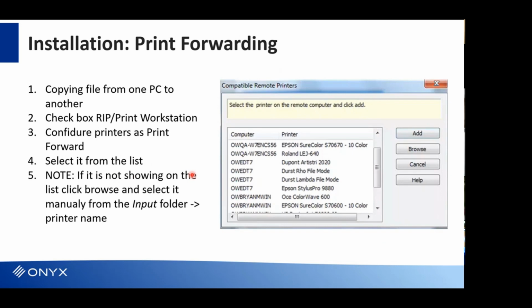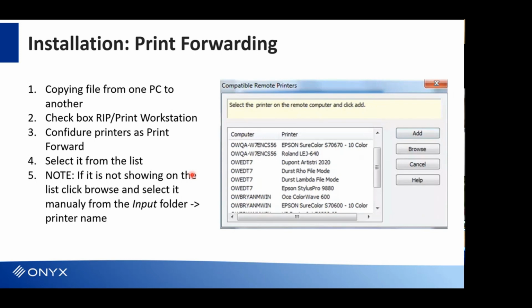A print forwarding station will copy generally the one file from one PC to another one. So during the installation, you will set up the print forward station and choose particular settings. There is a small misspelling: configure printer as a print forward. So when you add a printer during installation, let's say it's an Epson SureColor.